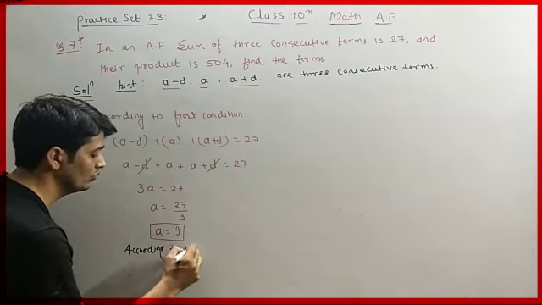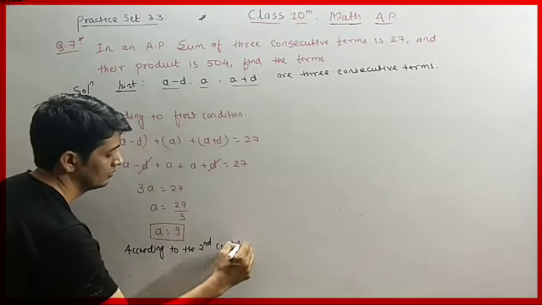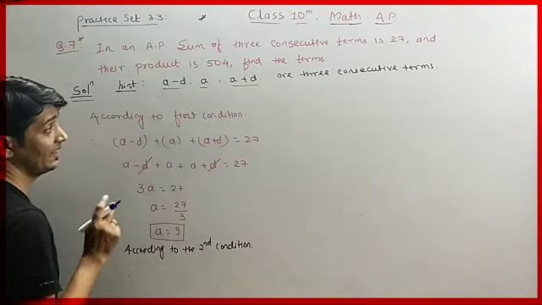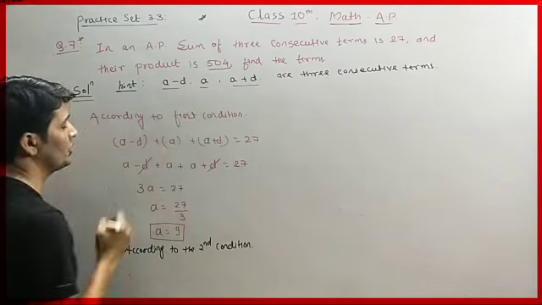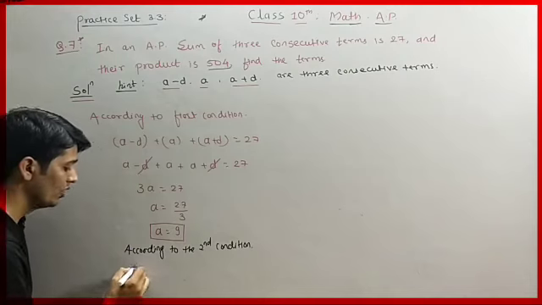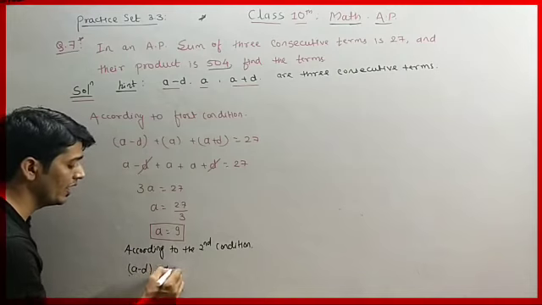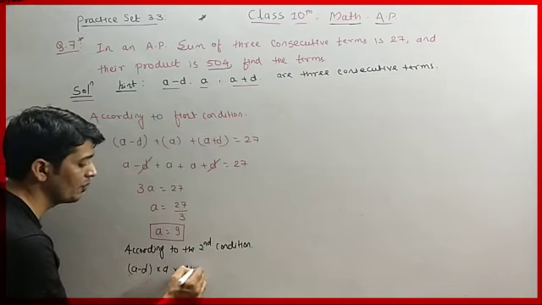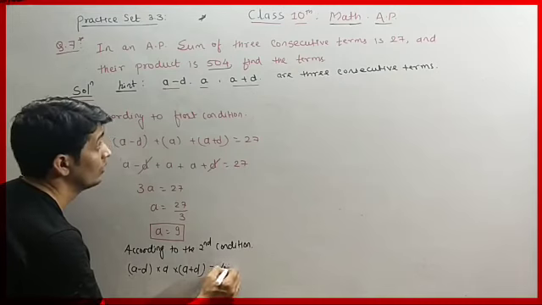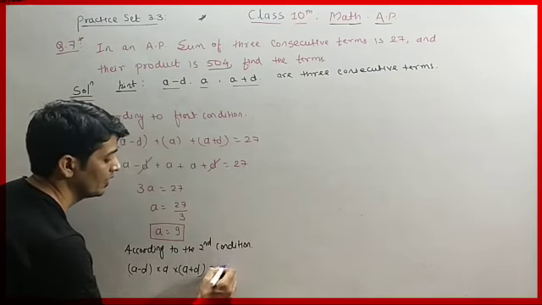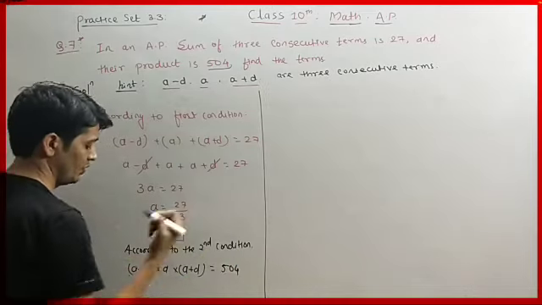According to the second condition. What is the second condition? The product of these consecutive terms is 504. Therefore, A minus D into A into A plus D equals 504.